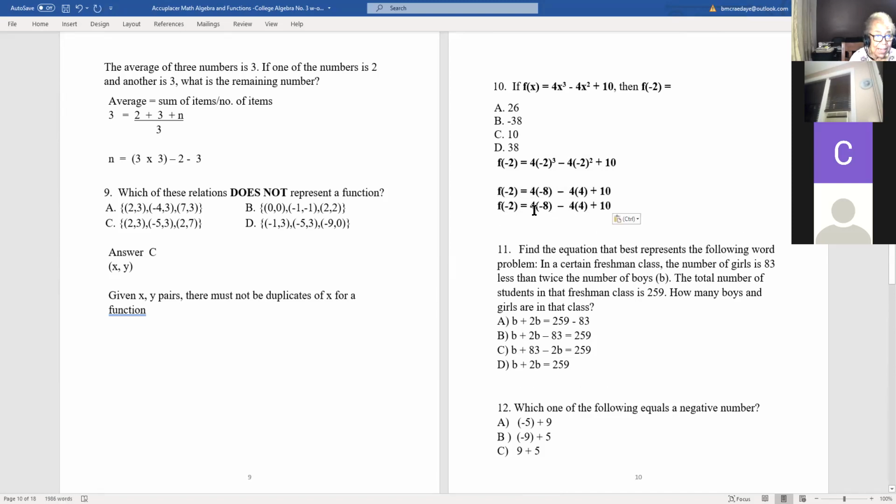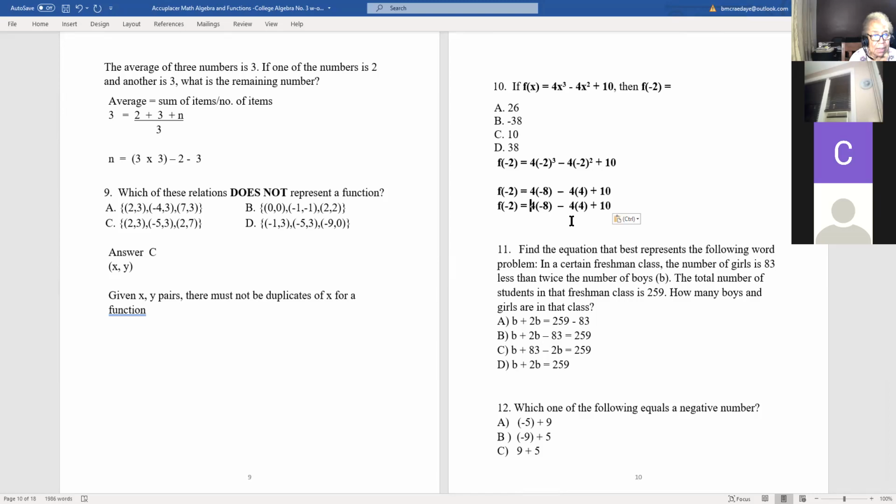What's a 4 times a -8? Unlike signs multiply to give you negative. So what would 4 times a -8 be? Latoya, what's 4 times a -8?